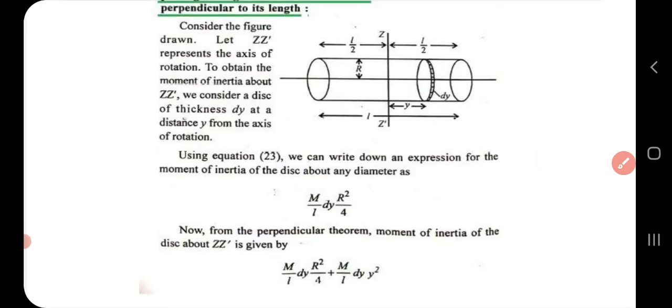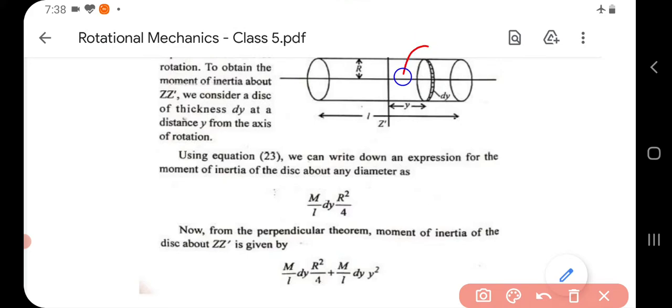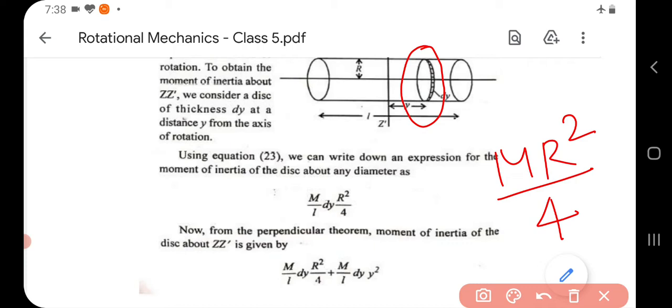Now the moment of inertia of the disk about the diameter is mr square by 4. In this case, the mass of this thin circular disk is given by the mass per unit length into the thickness dy, then r square by 4 is the same.